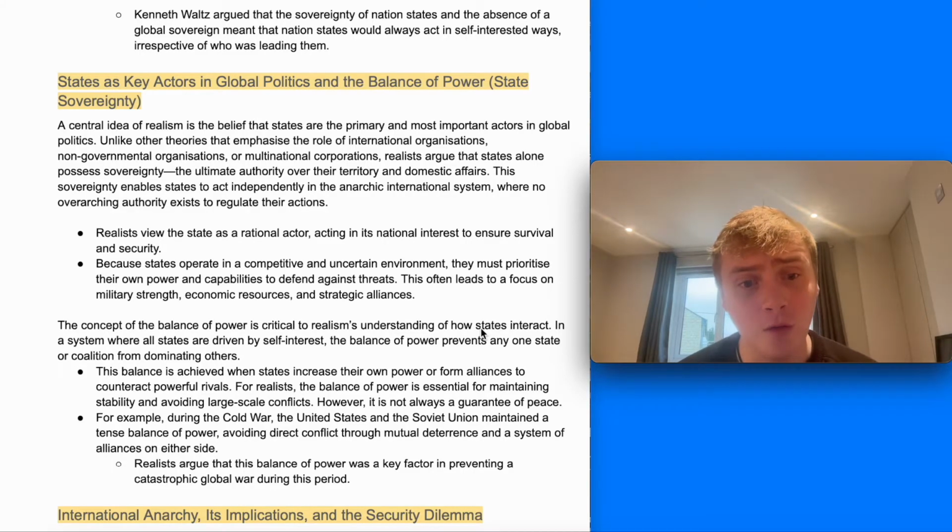For example, during the Cold War, the US and the Soviet Union maintained a tense balance of power, avoiding direct conflict through mutual deterrence and a system of alliances on either side. Crucially, they recognised that going to full-scale war with each other wasn't in their self-interest. Even if maximising their military and economic strength was, actually using it in a direct war would have harmed them.